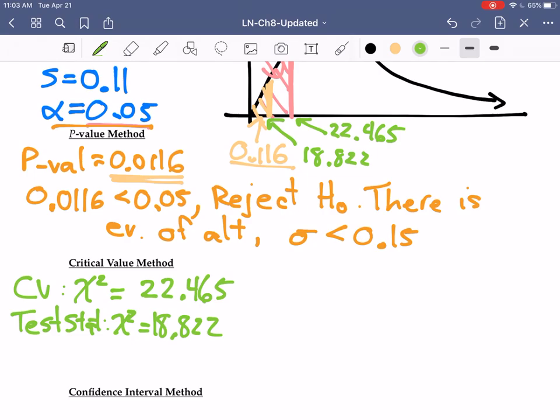So we reject the null, because that test statistic is below the critical value in this case, and we have a left-tailed test.